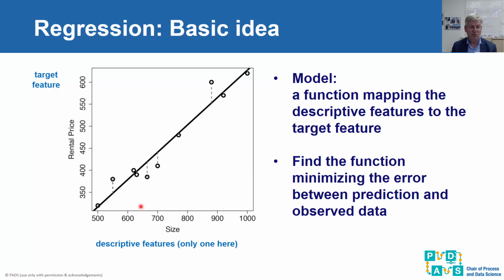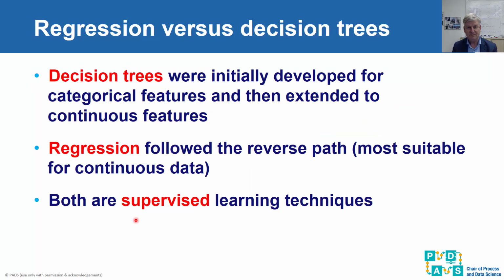Here we only have one descriptive feature, but of course later we will see that we can apply that to any number of descriptive features. So we are using continuous features, both as a descriptive feature and as a target feature. Later we will extend regression to also capture categorical features.